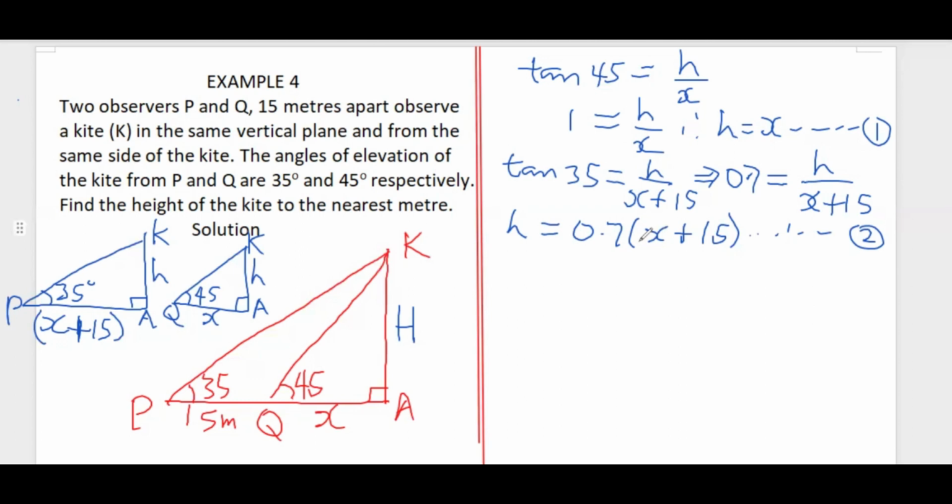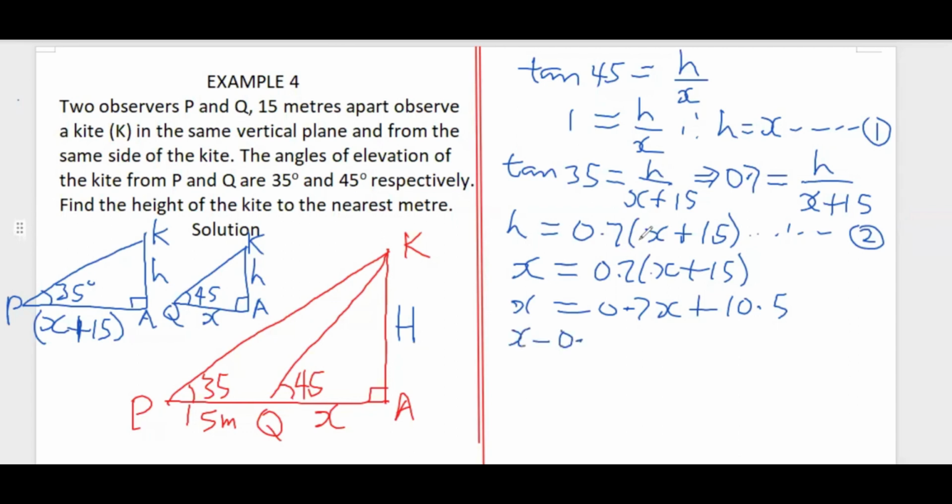That is, we can have X equals 0.7 times X plus 15 and solve this out for X. 0.7X plus 0.7 times 15, that should give us 10.5. So collect like terms: we have 1X minus 0.7X equals 10.5.